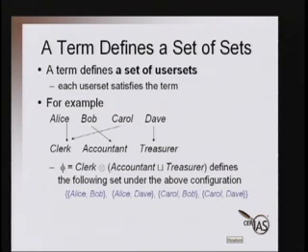For example, in such a configuration, the user set Alice and Bob satisfies the term phi. However, the user set Alice, Bob, and Carol does not satisfy the term phi, because phi requires exactly two users.